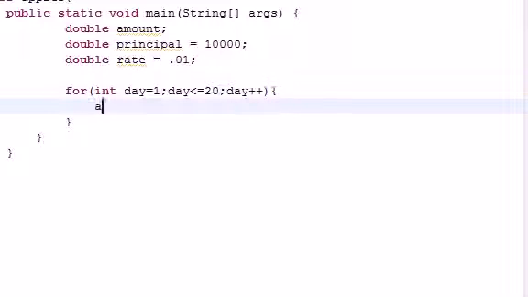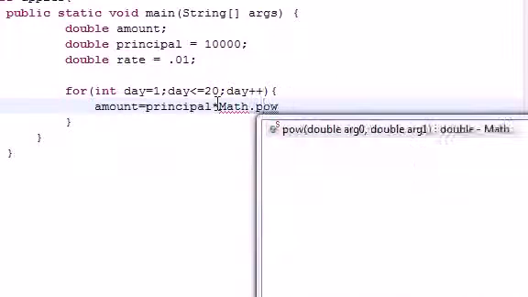Now let's get the good stuff. We want to solve for amount, so that's what we're going to set equal to, since we don't know what it is yet. But we do know the formula for it. It's principal, and make sure you type these right, times something to the power, and this calls for an outside method, Math.pow.